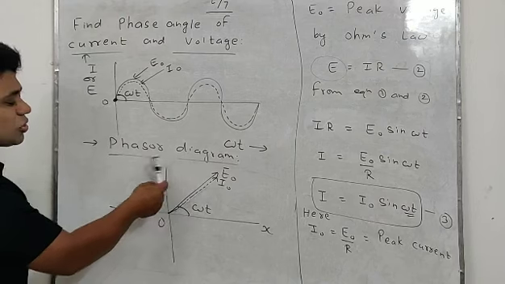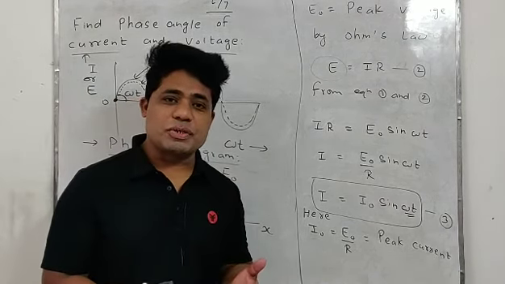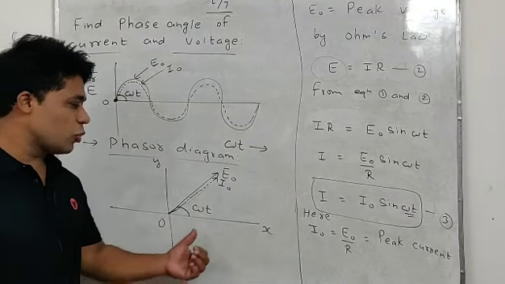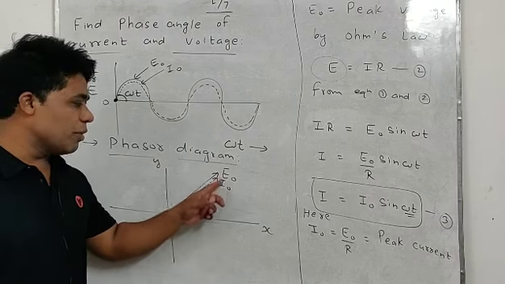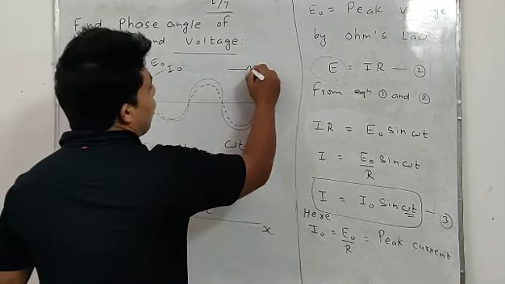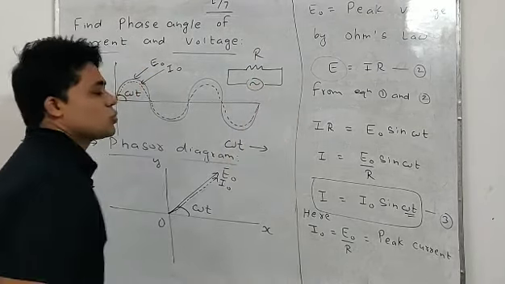So this is a 360 degree rotation diagram that generally shows the phase difference between current and voltage along the x and y axes in coordinate geometry. Such a diagram is said to be a phasor diagram. So EMF and current have the same phase angle when resistance R is connected with an AC source. Okay, students.